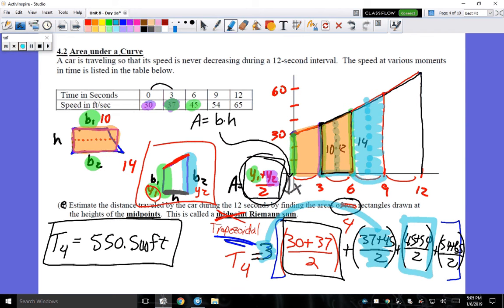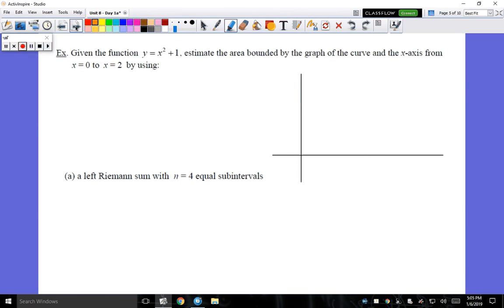And that area would be just this orange, nothing sticking out, within the boundaries of what you drew as a trapezoid. So all this area would be 550.5 feet. Alright, so now let's go on.